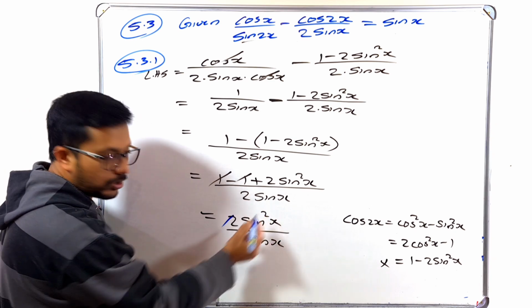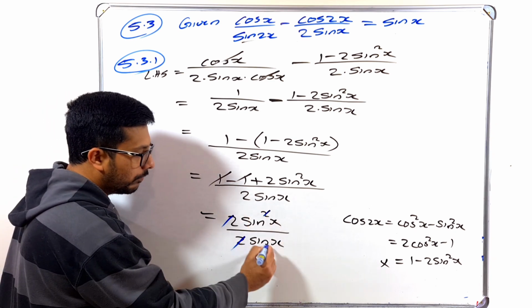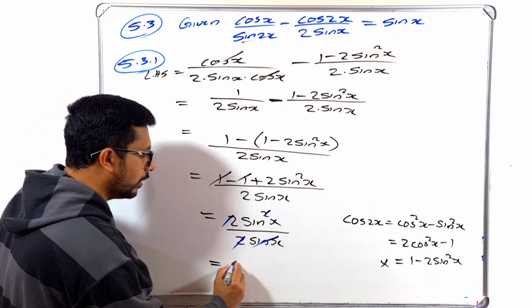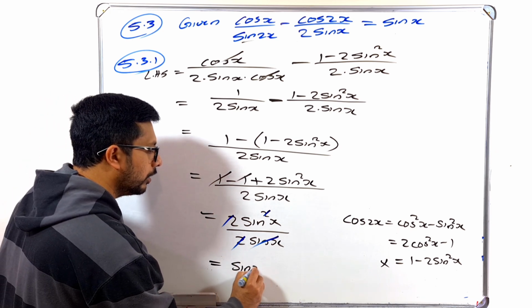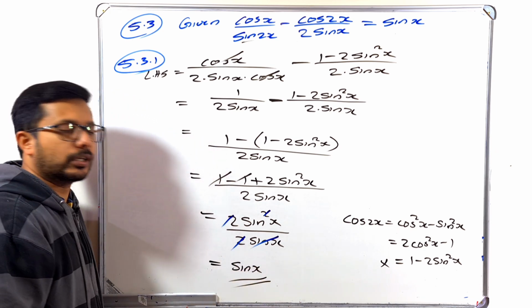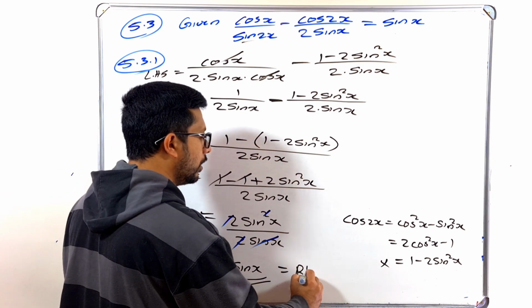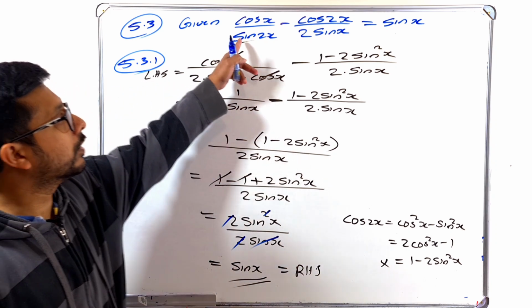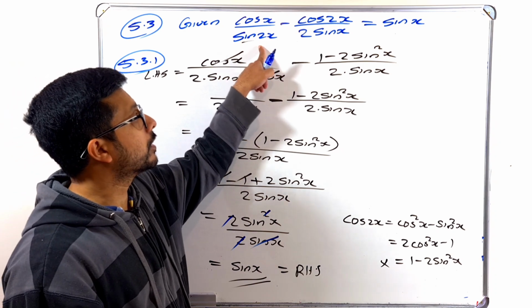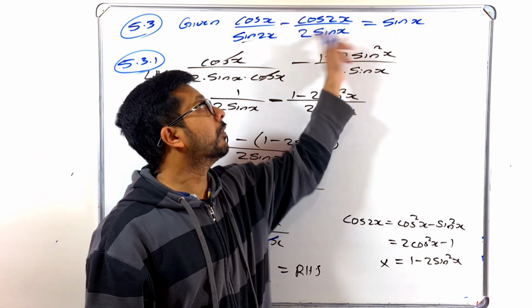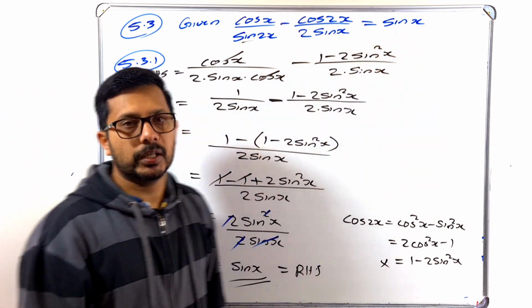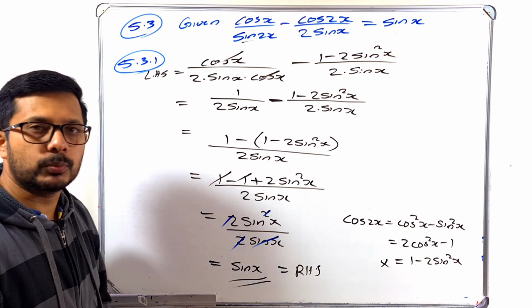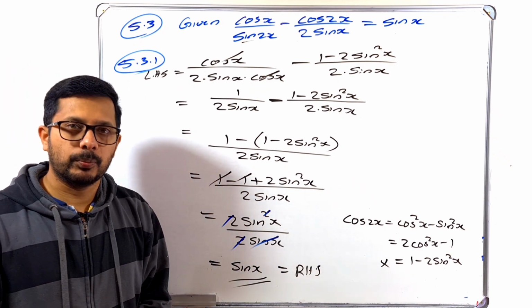Sin square x, we can cancel 1 sin x. So what is remaining now? That is equal to sin x, and that is what we want to prove, or that is our RHS. So we already proved that cos x divided by sin 2x minus cos 2x divided by 2 sin x is equal to sin x. So that is question number 5.3.1. Now let's move to the next question, 5.3.2.